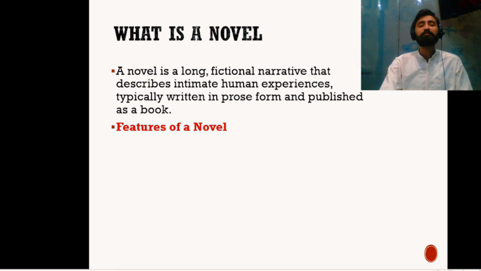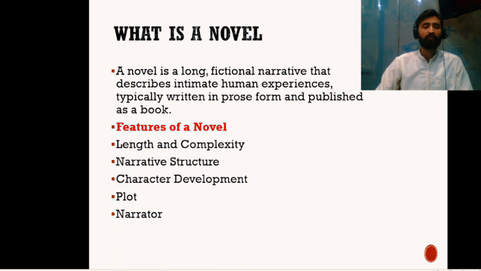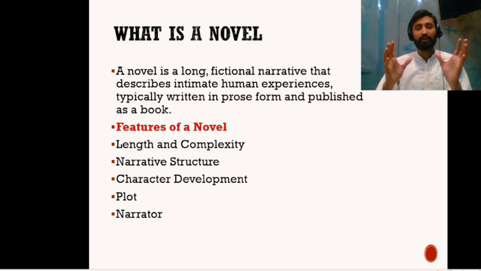Now, what are the different features of a novel? First of all, it is lengthy and it is complex, meaning human relationships and human experiences are explained in detail, right? And along with that, there is a narrative structure and character development, because a character develops, changes, and matures with the passage of time.